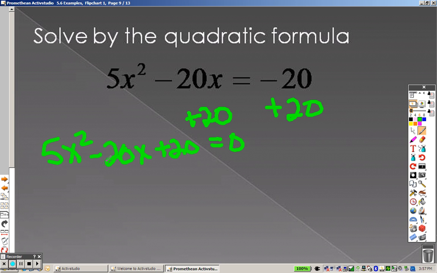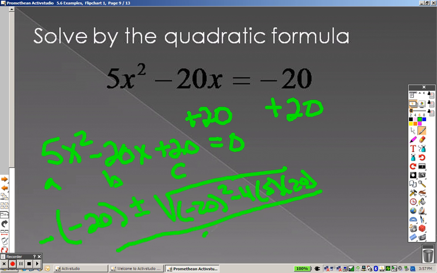Once again, this is your A and your B and your C. So when you're doing this, it's negative B plus or minus the square root of your B squared minus 4 times A times C all over 2A.